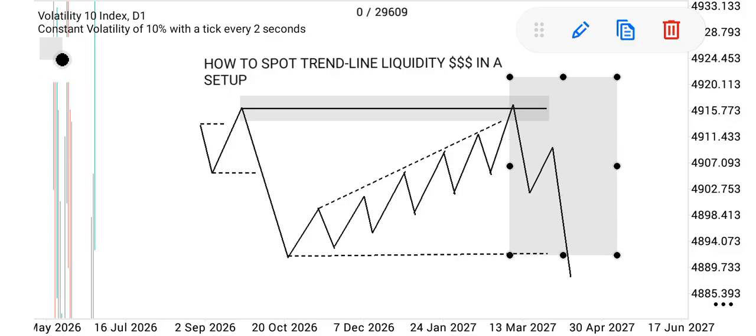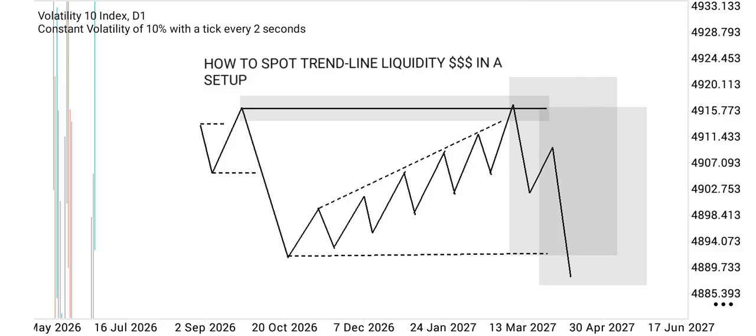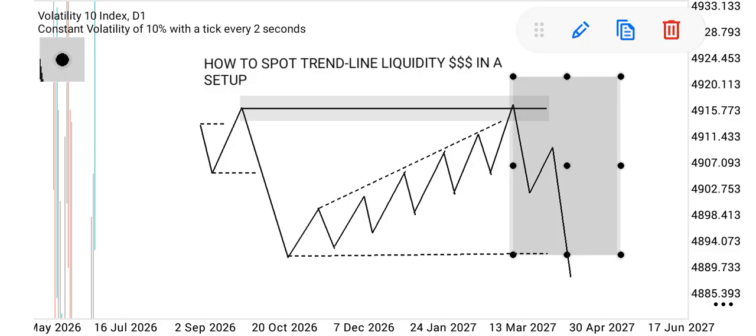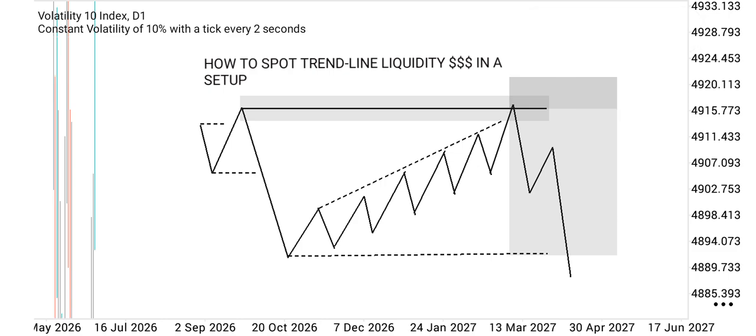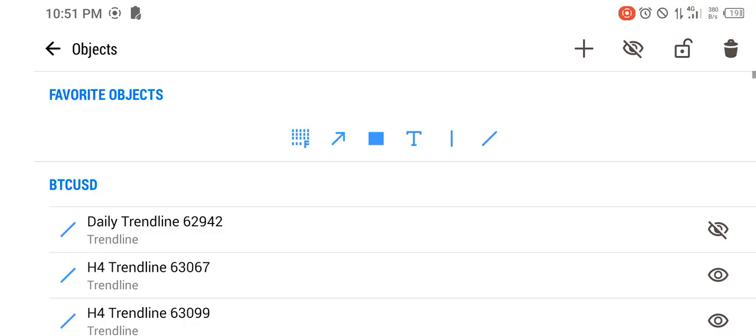So this is how I spot my trend line liquidity, both upward in an uptrend market and in a downtrend market. In any of them, you can see them. We've talked about liquidity in the videos we've been doing, and this is one of the liquidities you see in the market, a trend line liquidity.